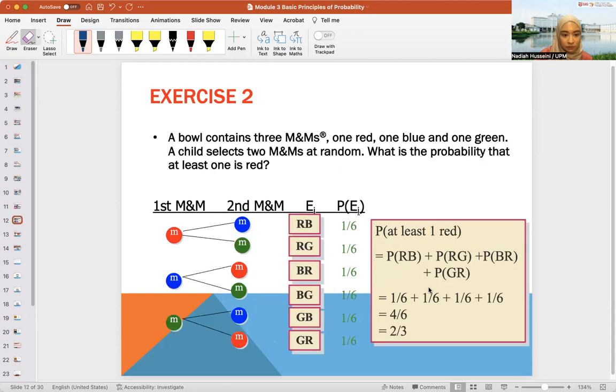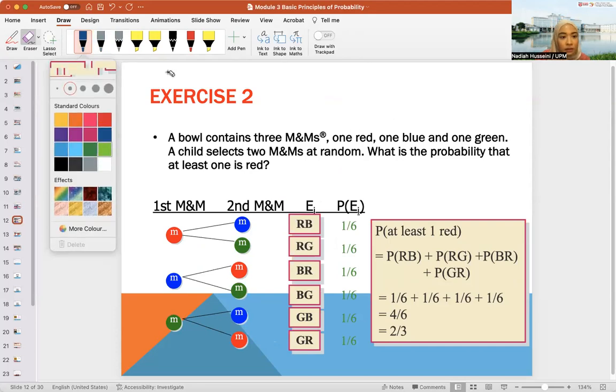Okay. All right, so exercise number 2, a bowl contains 3 M&Ms, just 3, 1 red, 1 blue, and 1 green. So let's draw it because why not?